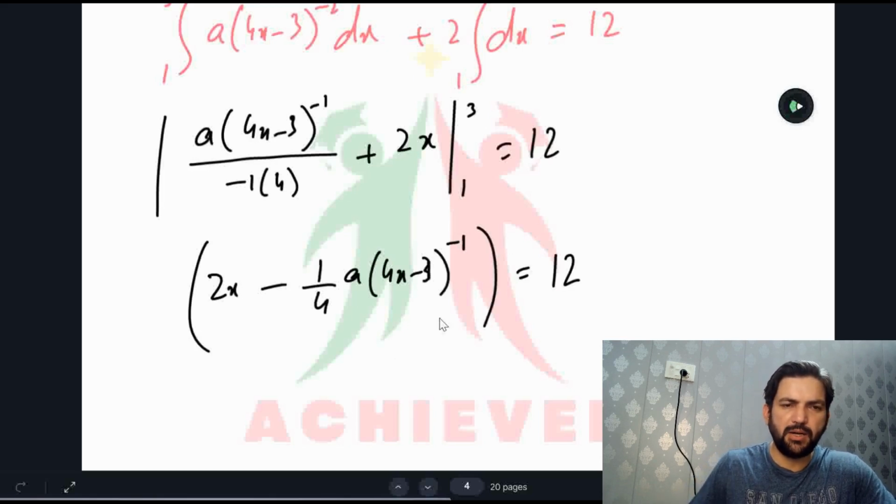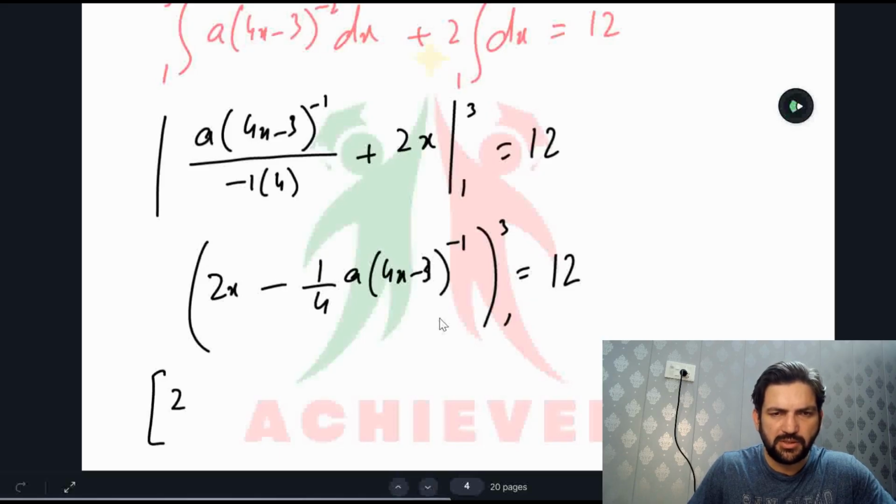Now upper limit minus lower limit. The upper limit is 3 and the lower limit is 1. Let's put the upper limit first: 2 into 3 minus 1 by 4a into (4 into 3 minus 3) to the power minus 1.